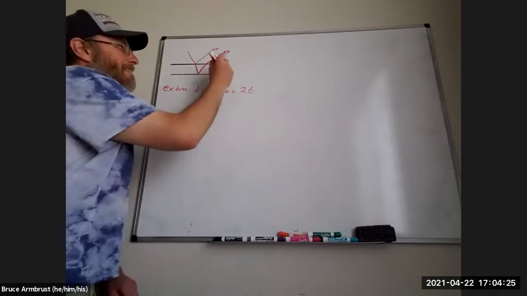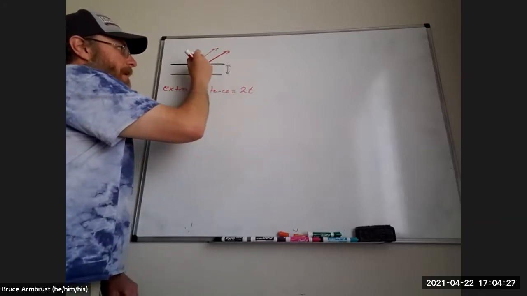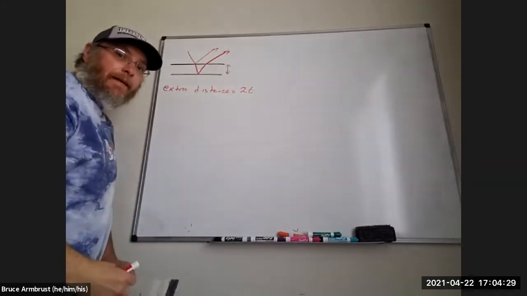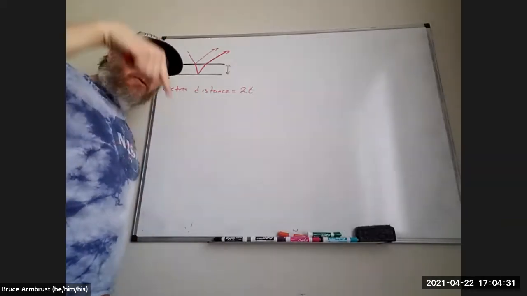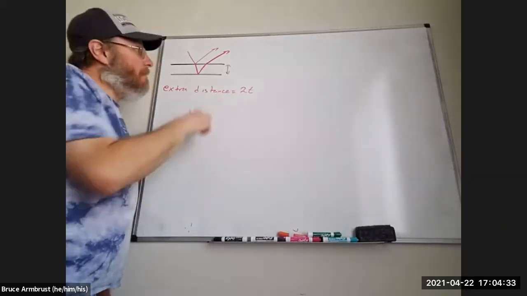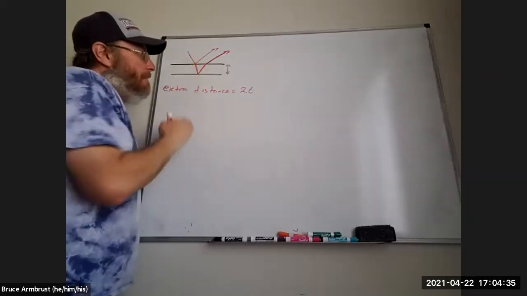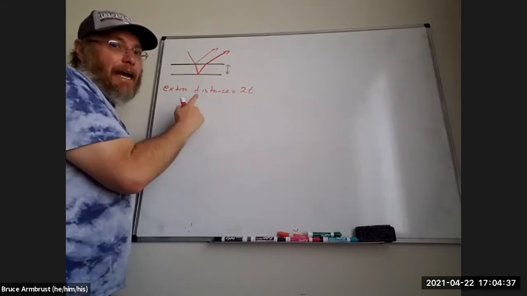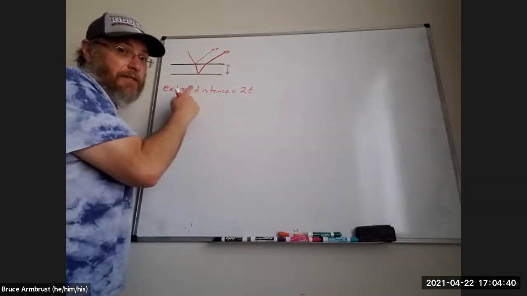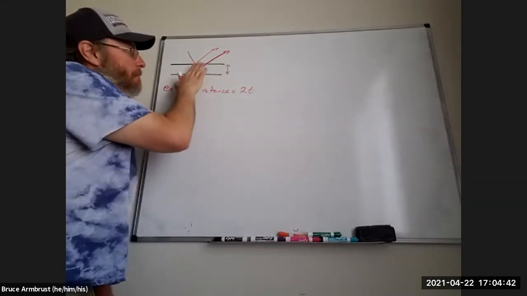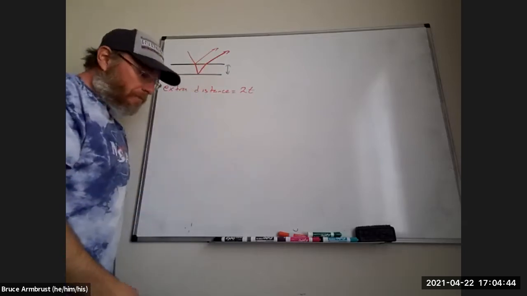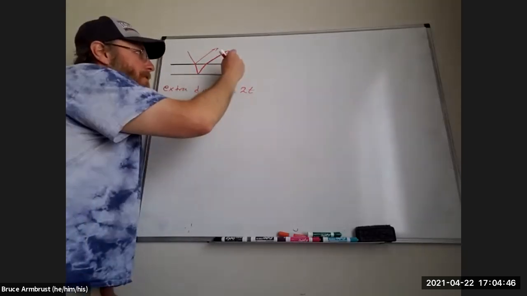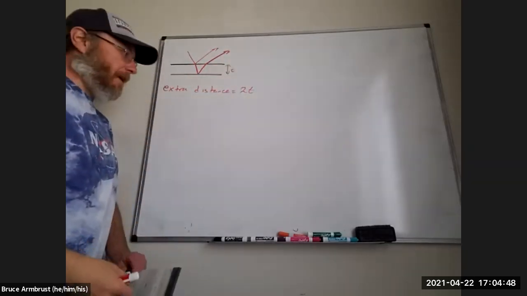Now, it's not exactly 2 times the thickness because of the angle here, but if that ray is coming in mostly vertical, this offset isn't as much as what I've drawn. I'm exaggerating it so you can see it, but in reality that spread would be pretty minor. So the actual extra distance would be about 2 times that thickness.